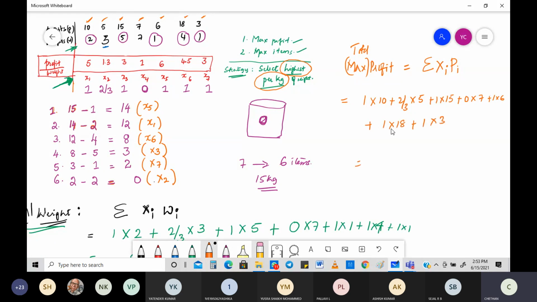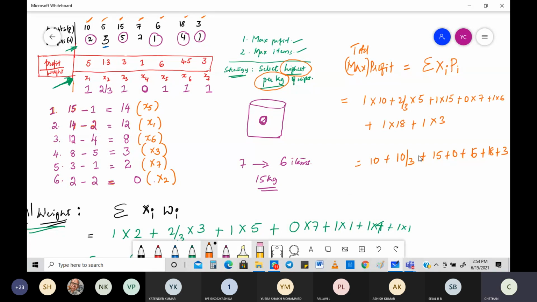Figure out what is the value. 1 into 10 is 10, plus 10 by 3, which is 3.33 something. Next, plus 15 plus 0 plus 6 plus 18 plus 3.